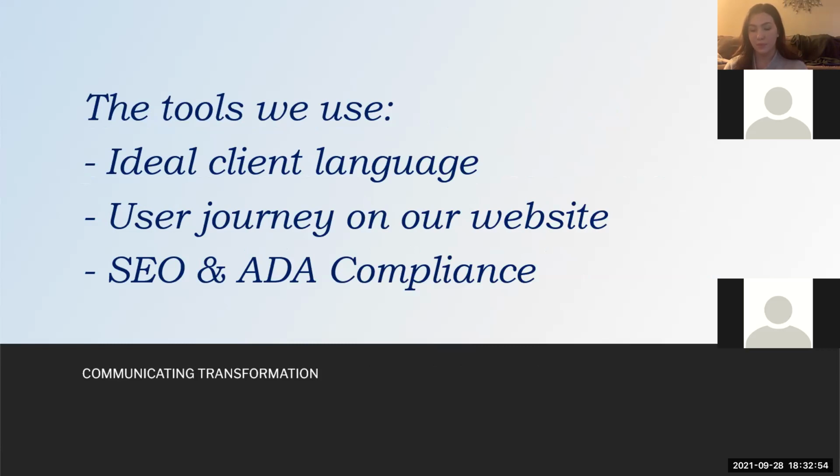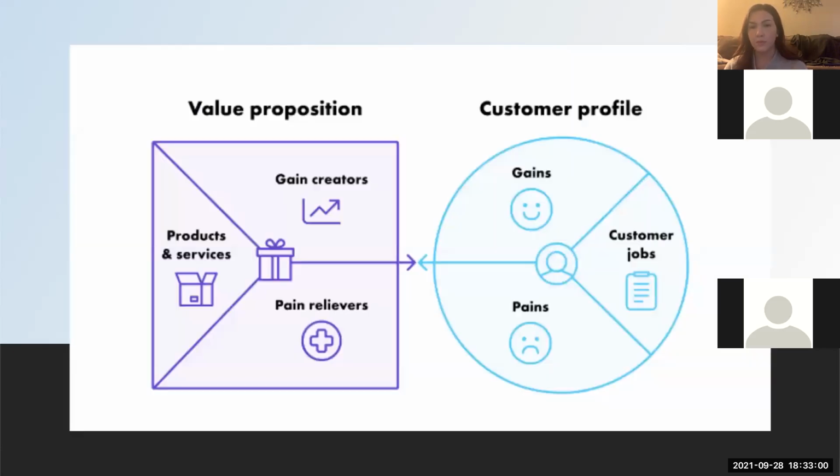And that's what we'll explore in a few website examples and discussion today to understand more about what that is. So here's just a canvas of the process of finding our ideal client language.